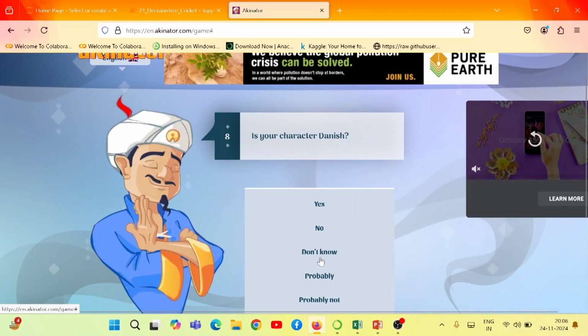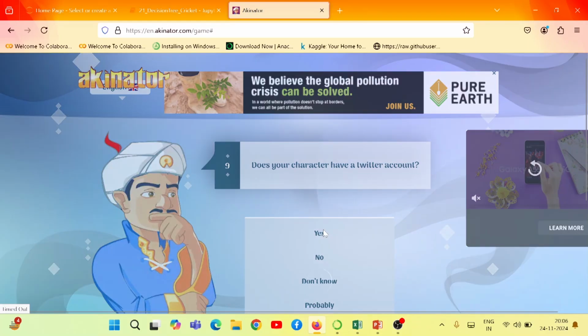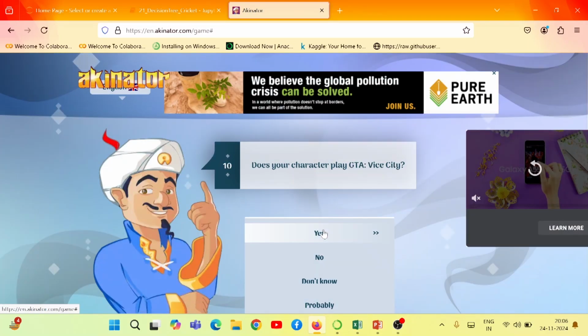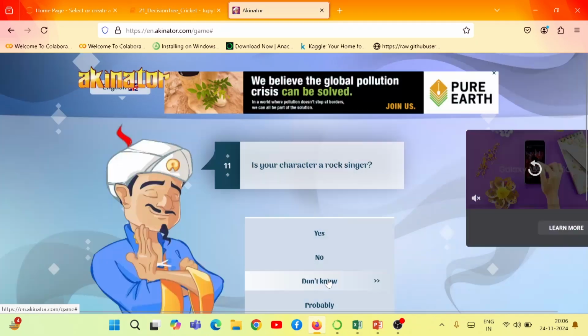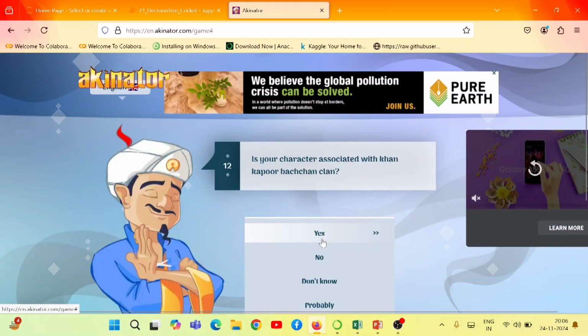Is your character Danish? No. Does your character have a Twitter account? That's true. Does your character play GTA Vice City? I don't know about it. Is your character a rock singer? No idea. Is your character associated with the Khan, Kapoor and Bachchan clan? The answer is yes.